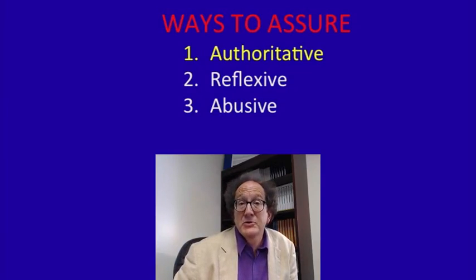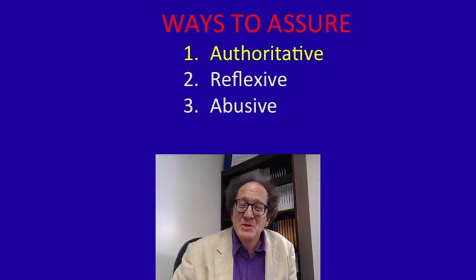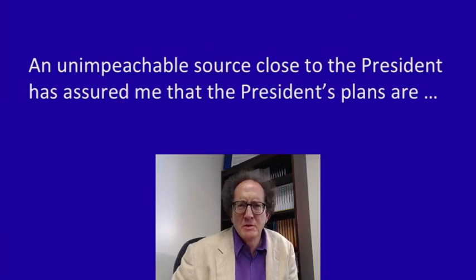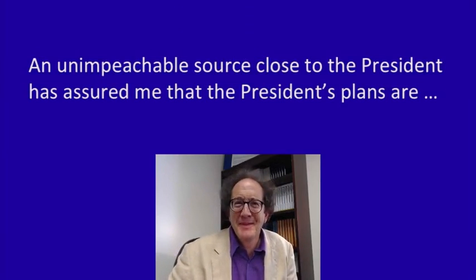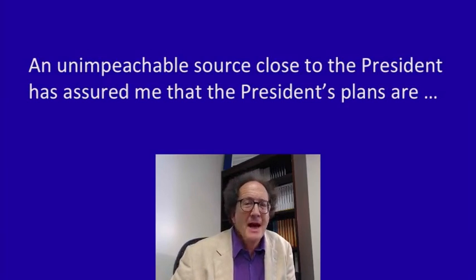Now, sometimes it's the Surgeon General, and the Surgeon General is pretty reliable, but you also get this kind of thing from reporters. They say, an unimpeachable source close to the president has assured me that the president's plans are such and such. And they cite an unimpeachable source, but they won't tell you what the source is, and they won't tell you how the source knew it was true.